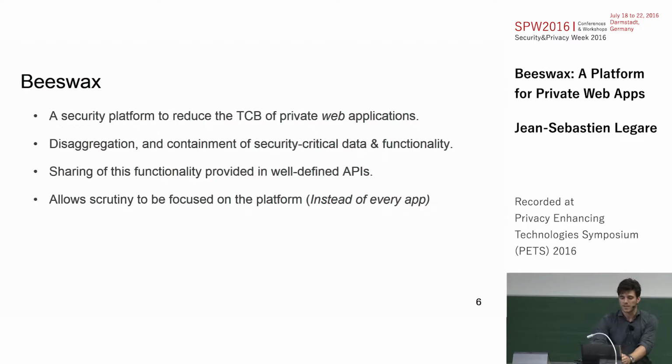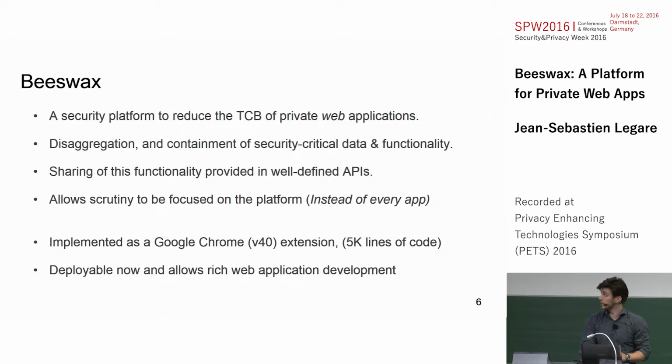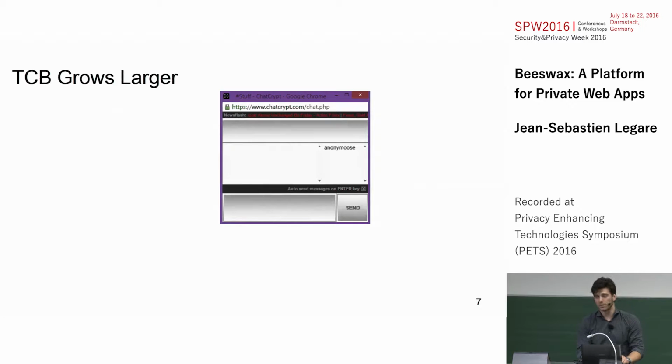And what this allows is that the experts can focus their scrutiny on the platform rather than doing it for every application. We have a prototype implemented as a Google Chrome extension in about 5,000 lines of code. It's deployable now, and as we'll see with the evaluation, we've managed to do some cool applications with it.